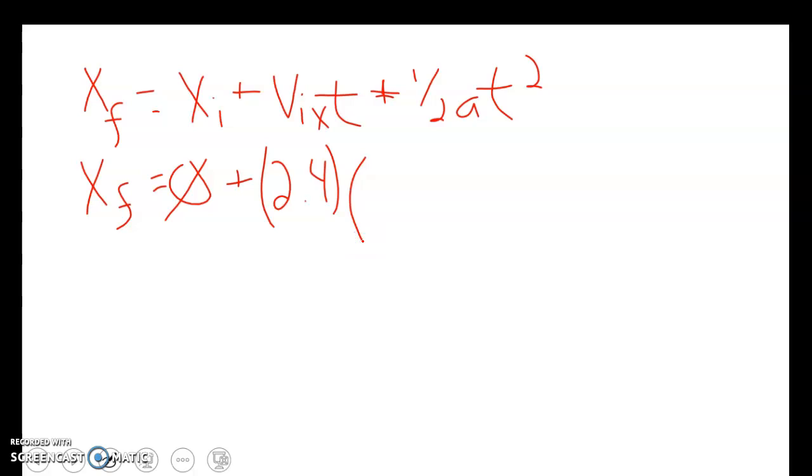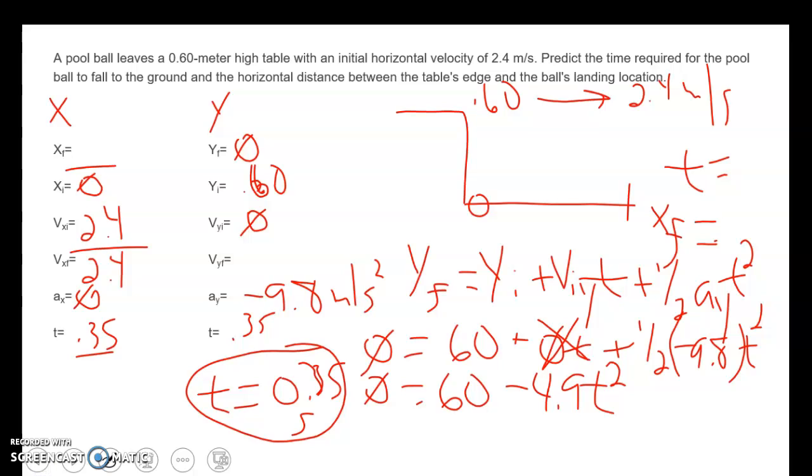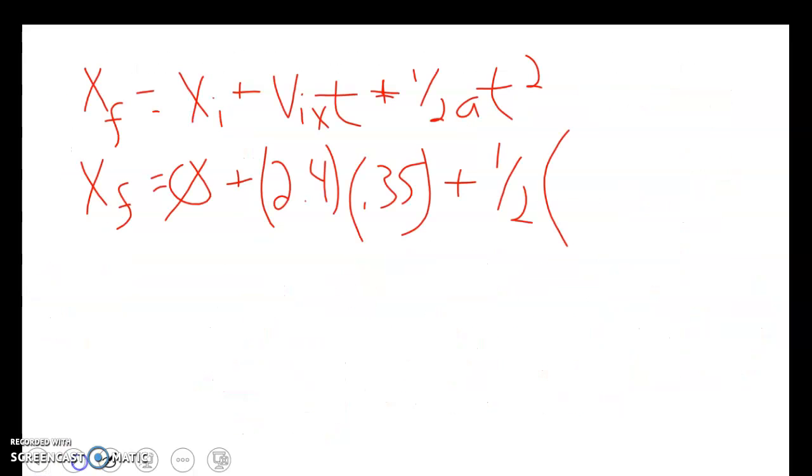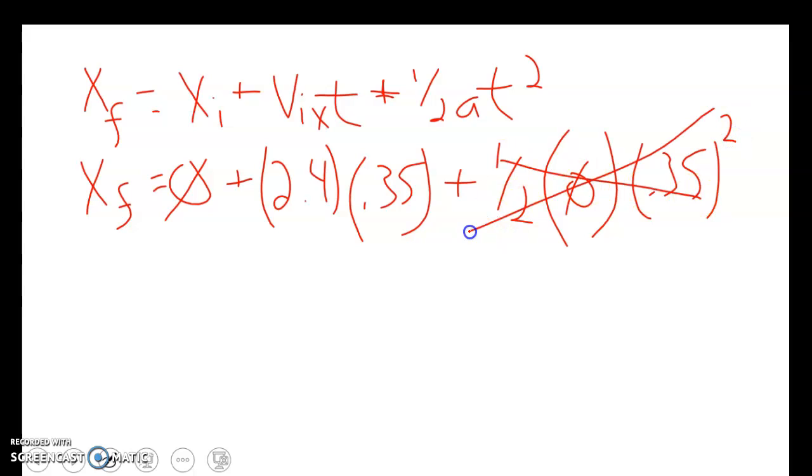I was able to find the time, which is 0.35. And then I add that to 1/2 times my acceleration, and as I just said, the acceleration in the x is 0, multiplied by t squared, which is 0.35 all squared. 0 times all that is 0.